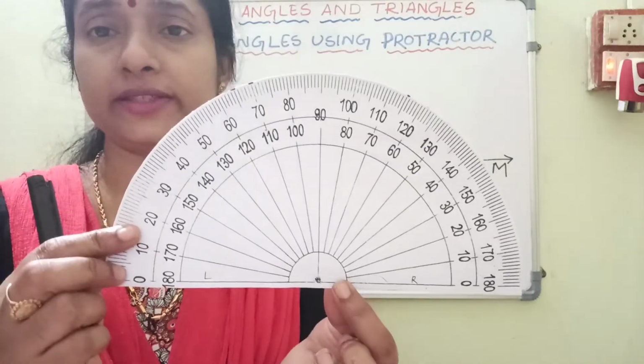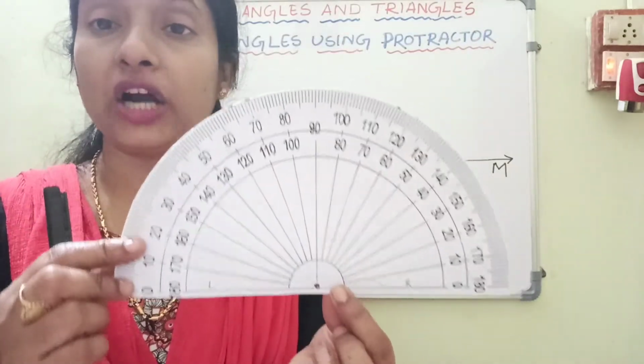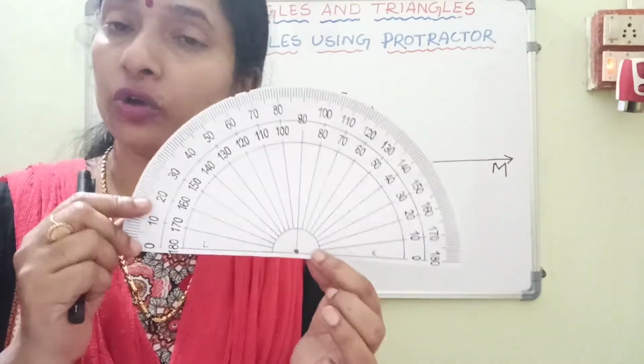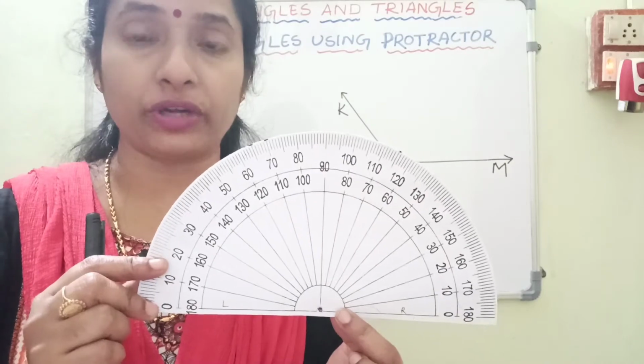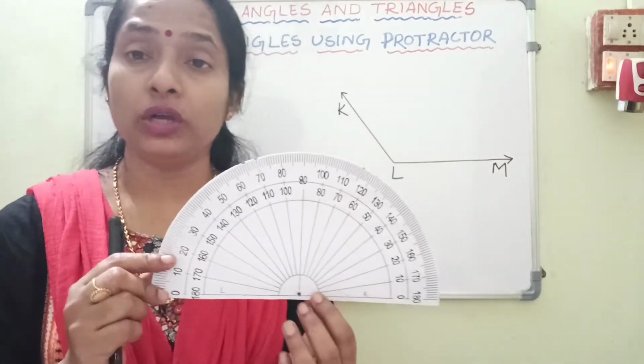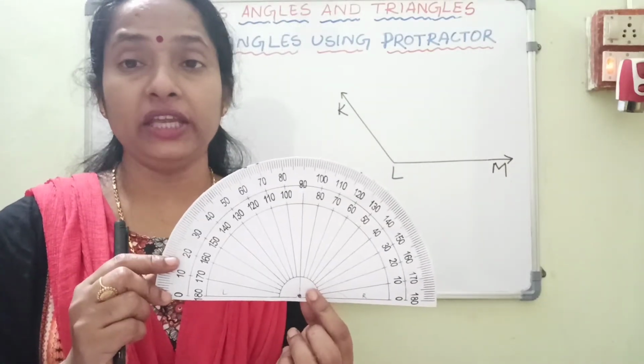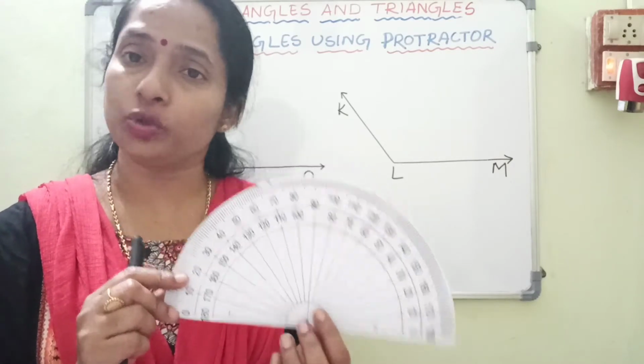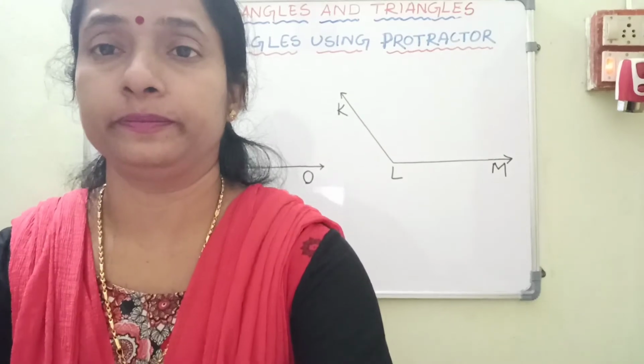Now, after knowing these details, we will learn how to measure an angle. So children, now I will show how to measure an angle using a protractor. All of you observe very carefully and see what steps I am following to measure the angle.